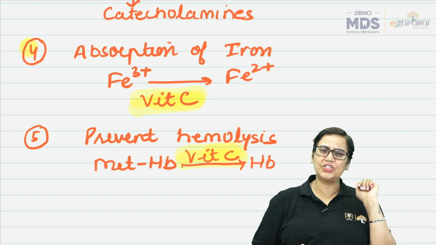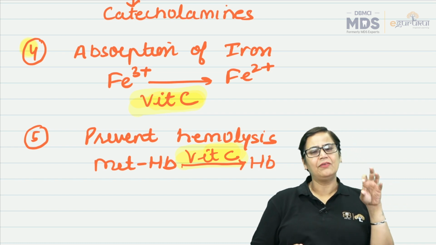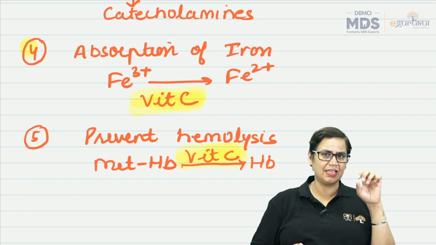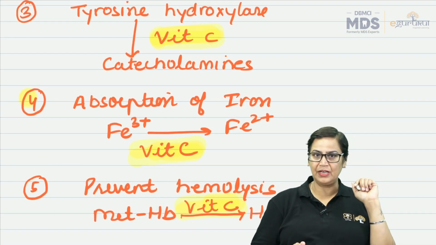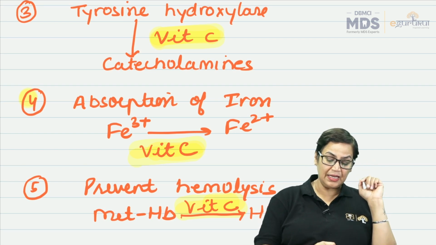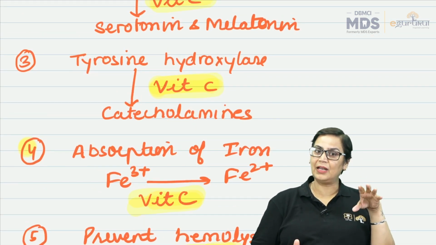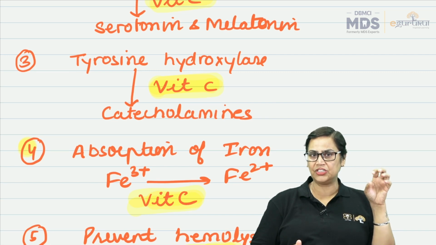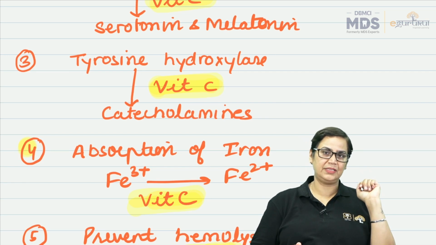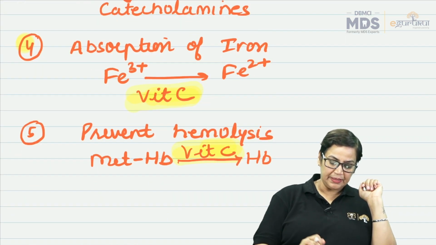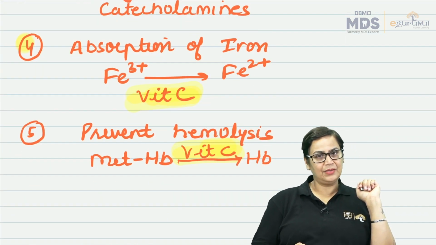Okay, and in a nutshell, always remember one thing, wherever hydroxylation is there, like right now I am telling you about catecholamines, norepinephrine and epinephrine. Similarly, in the synthesis of serotonin and melatonin, wherever we write hydroxylation, the most important coenzyme is vitamin C. Okay, so then it prevents hemolysis also.